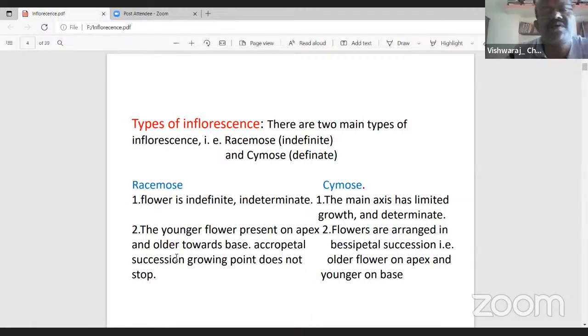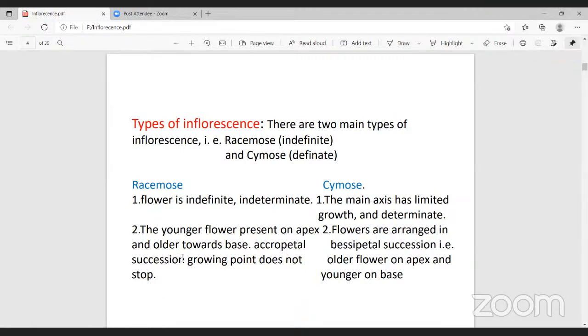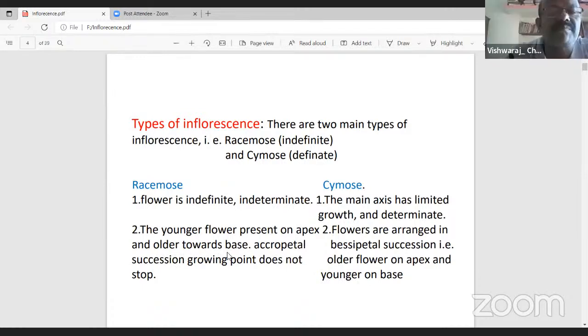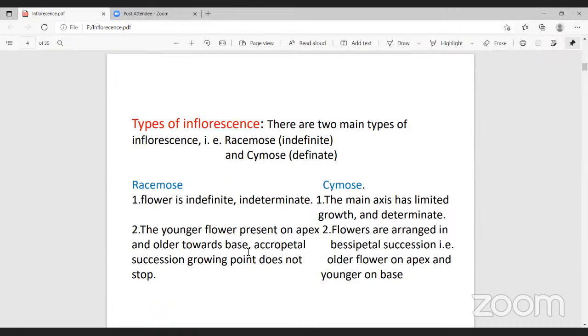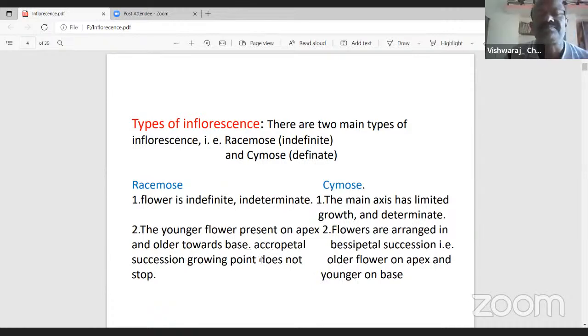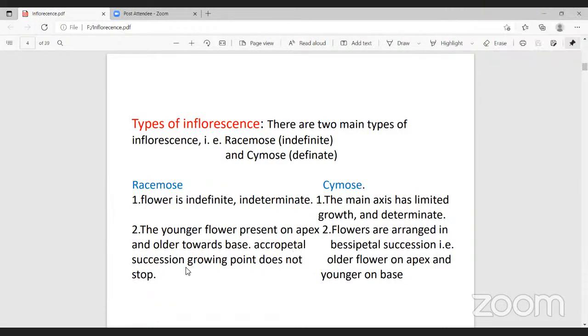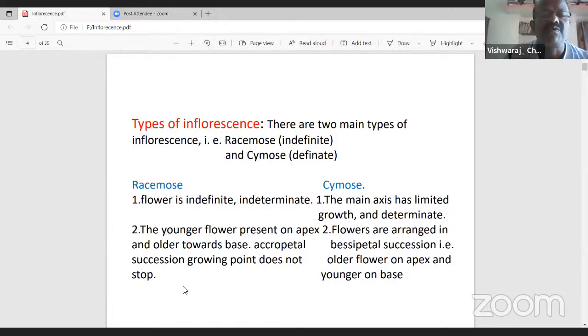But the older flowers at the base are mature. This condition is called acropetal succession. The growing point does not stop. It can again and again produce flowers.